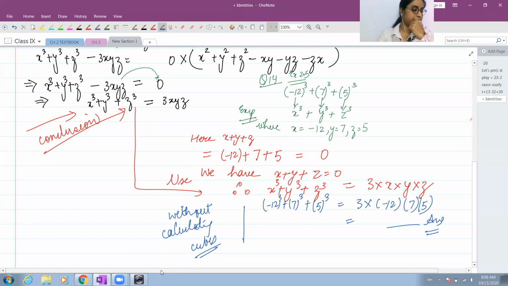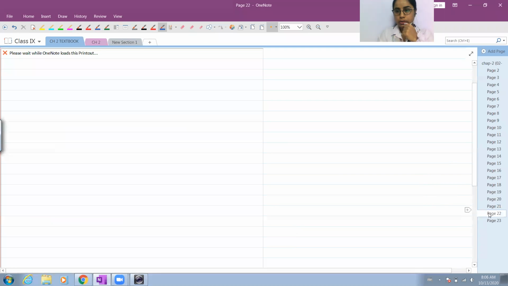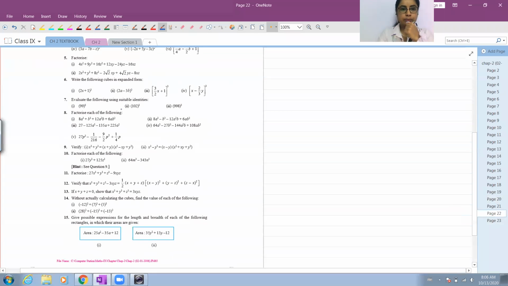Now I am going to help you write down 2 more identities which are not indicated as such in the list of identities, but in your exercise they have been given as a question. So if you mark that in your book, I think that will be better. It's question number 9.